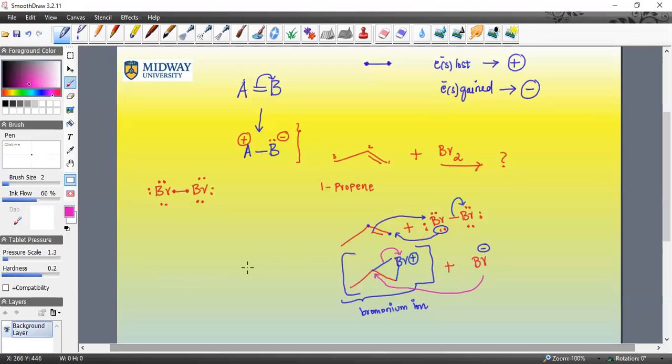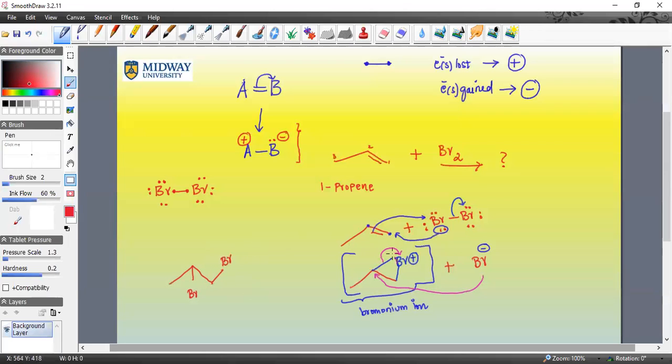Let's write this out so I can explain it further. Now this Br is here and this bond is now moved here, meaning it's disconnected. So the Br is now by itself.